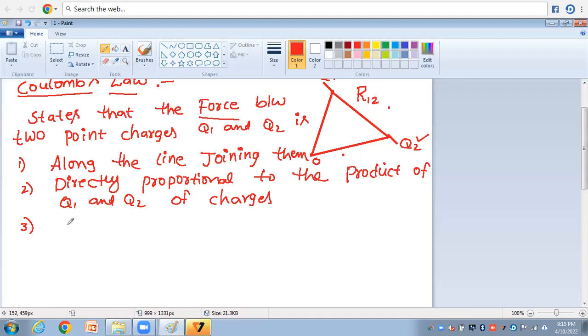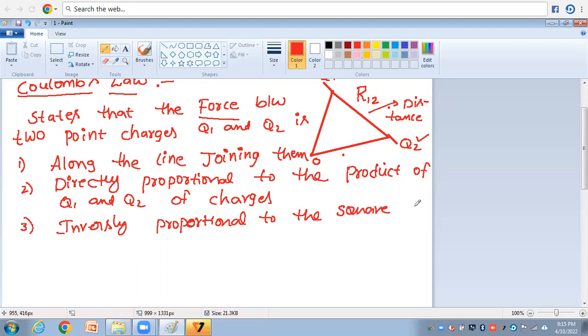The force is inversely proportional to the square of the distance, denoted with R. Square of the distance R between them.